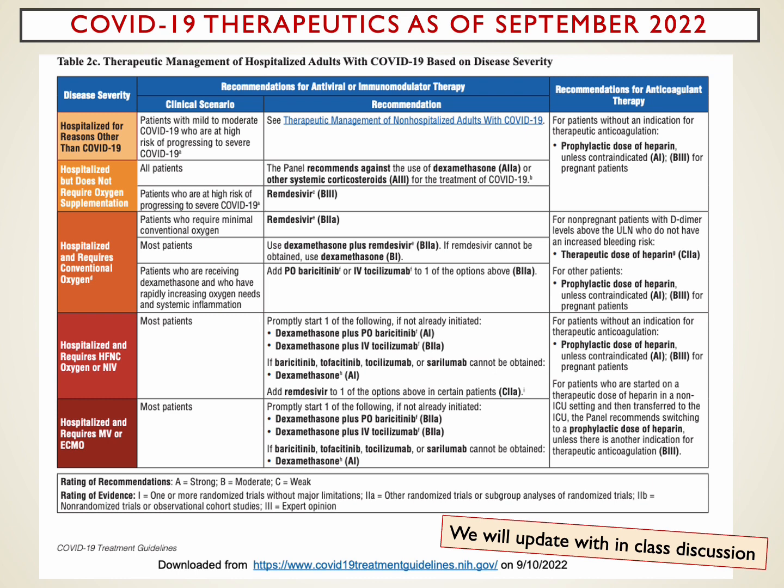One of the last big areas in this chart goes through the hospitalized management of patients with COVID. And this gets tweaked periodically as well. But the theme is generally that patients who have a risk for developing significant outcomes with COVID, and particularly if they have some oxygen requirement, are usually candidates for antiviral therapy.